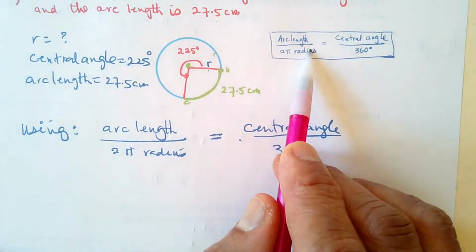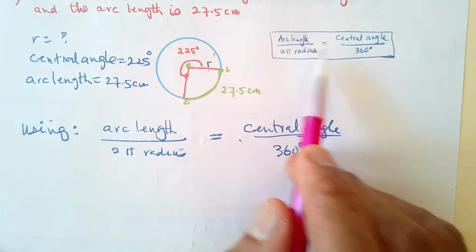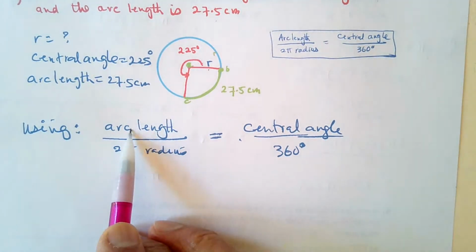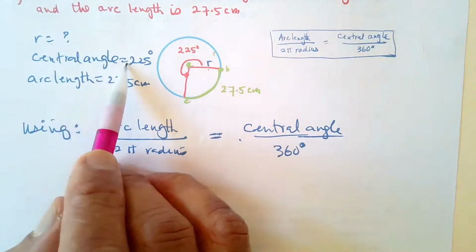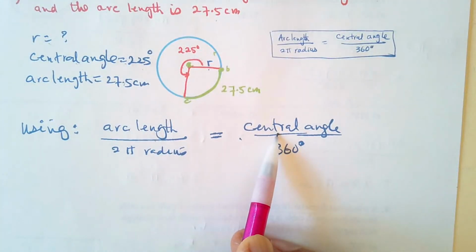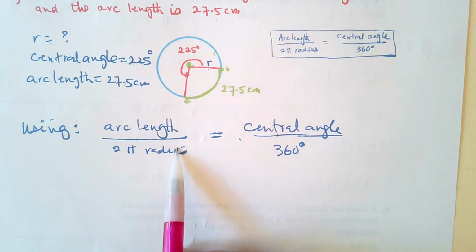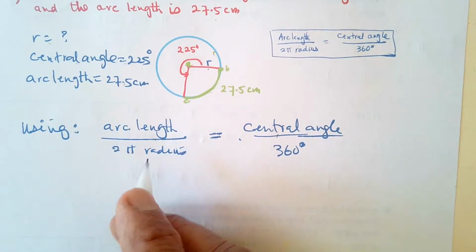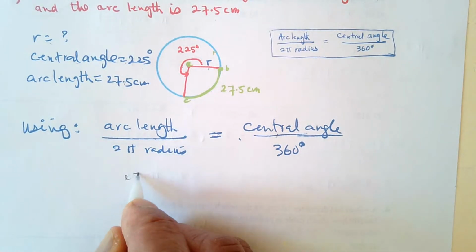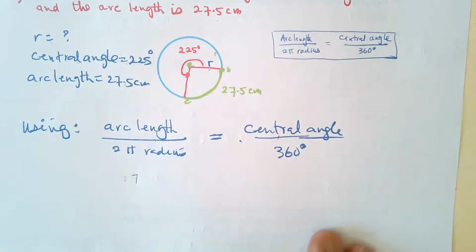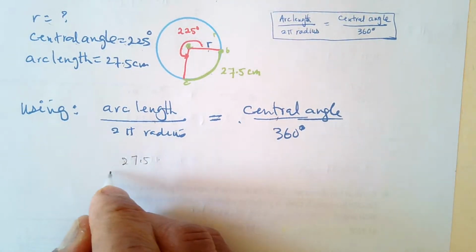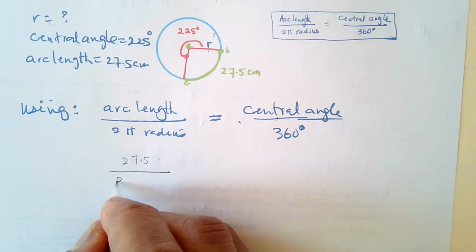So we'll use our proportional formula to find the radius. We know the central angle. We substitute the values that we know into our equation and solve for r. So the arc length, in this case, is 27.5 centimeters, divided by 2 times pi times r.